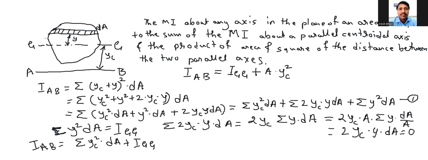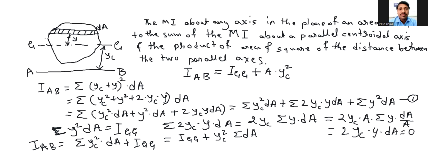Hence this can be written as IGG plus Yc square, a constant, taken outside, into summation of dA. But summation of dA is nothing but the sum of all the elementary strips which will make the complete area, that is A.